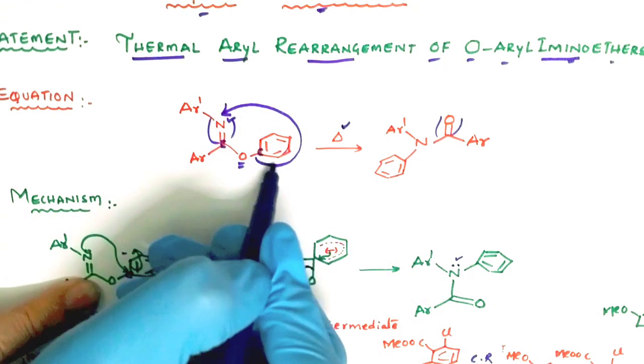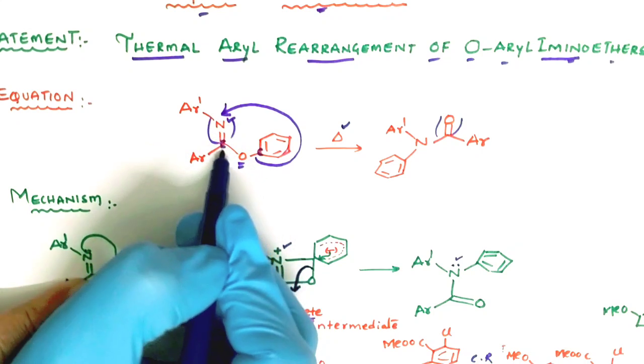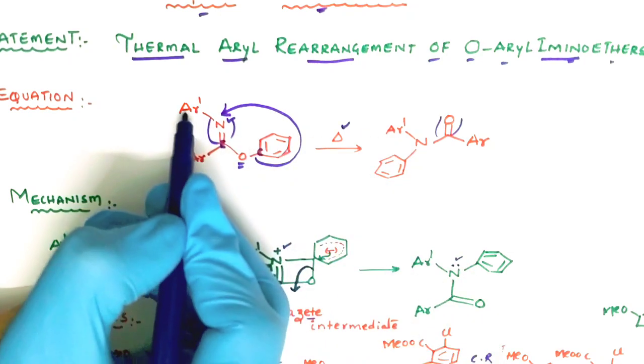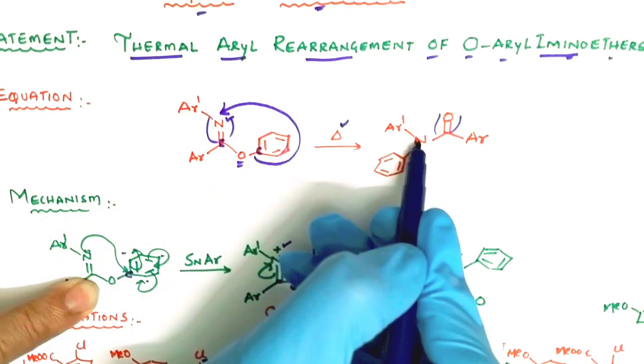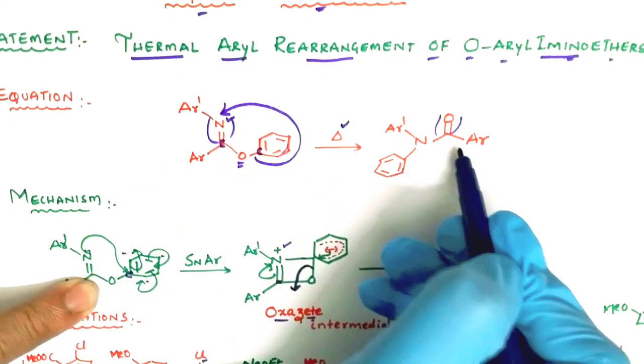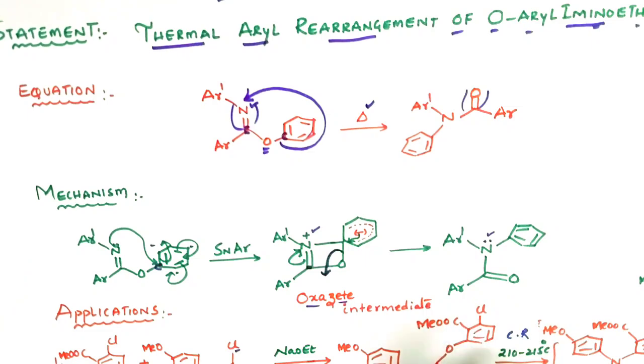The phenyl ring is connected to nitrogen, and these pi bonding electrons form a pi bond with the oxygen. That's why we come up with ArN, C double bond O R, the phenyl group shifted to nitrogen. Simply you need to remember it in that way.